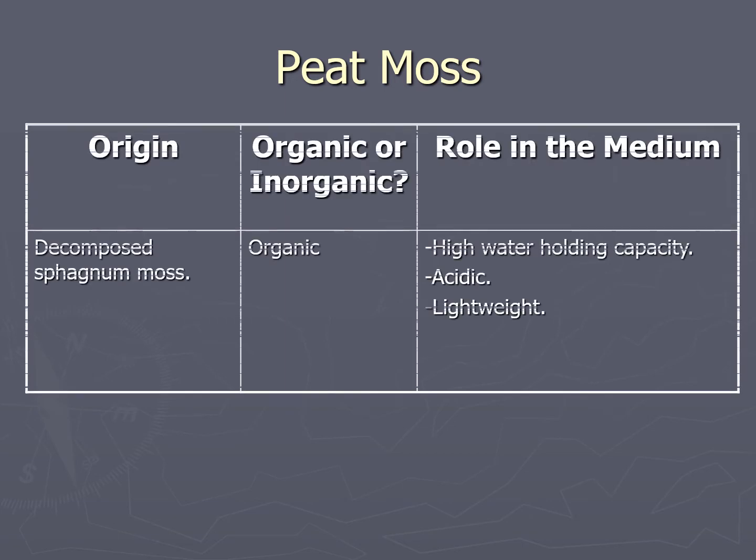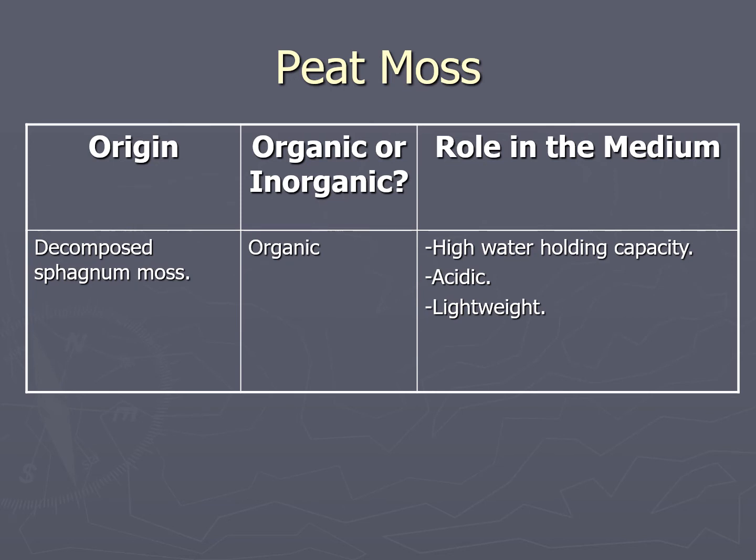All right, we are going to go through different media components now. And as mentioned earlier, we'll start with the organic components first. Each slide is set up in the following way. There are three primary things that we're going to look at. In the first column, we'll talk about the origin or where this particular component comes from.